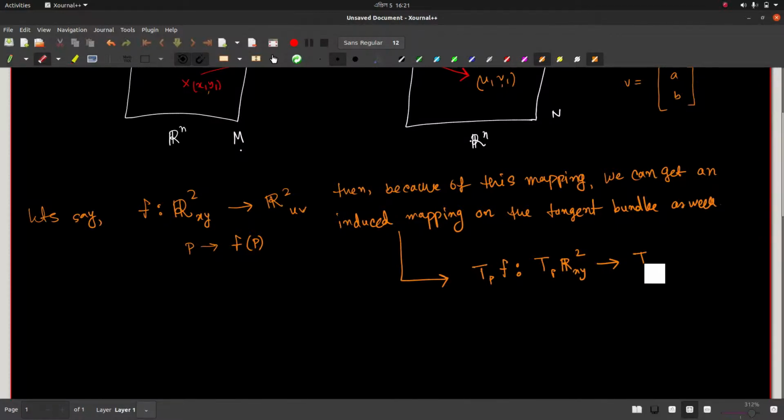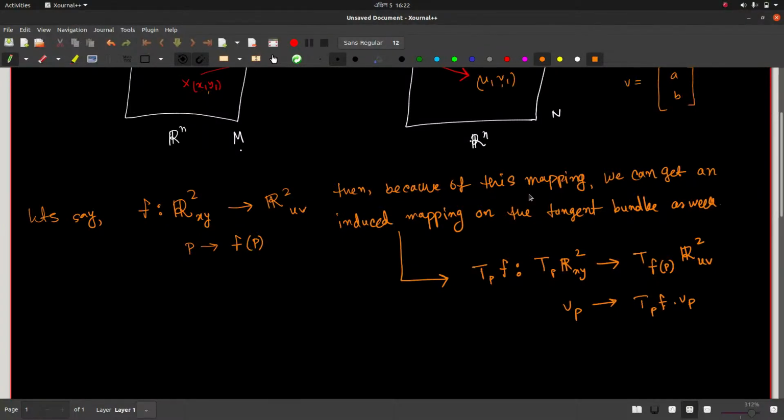Sorry, this shouldn't be T_p, it should be T_{f(p)}, because all the points are getting mapped under the function to the uv plane, like this, where the vectors at some point on the manifold M are getting mapped with the following: T_p f applied to v_p. And this is actually the push forward mapping, which is an induced mapping that we initially defined. It's coming from the induced mapping itself.